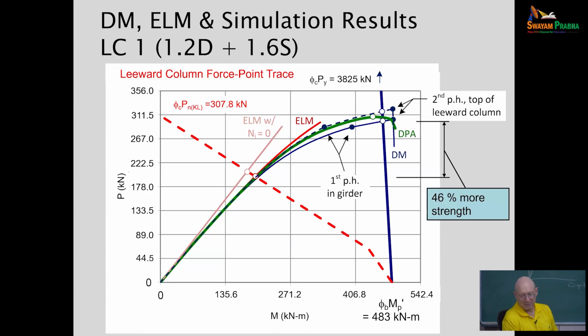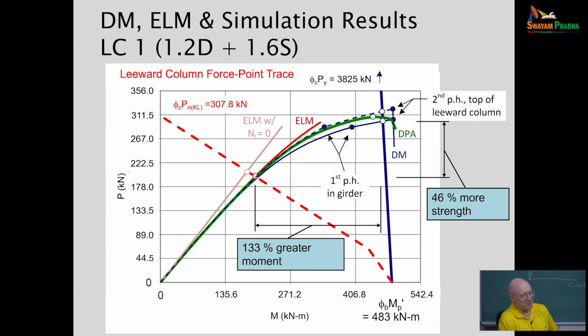And using either of those approaches, the alternatives to the effective length method, in terms of column strength here, we're getting 46% more strength out of that column.